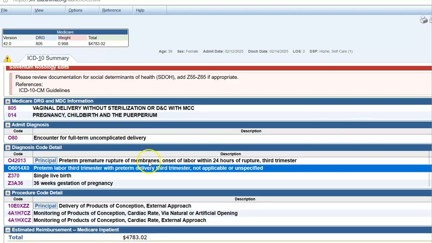And you can see we still have to do the nuchal cord. We have the premature rupture of membranes, the premature delivery, but we don't have that nuchal cord. So I'm going to again add diagnosis.